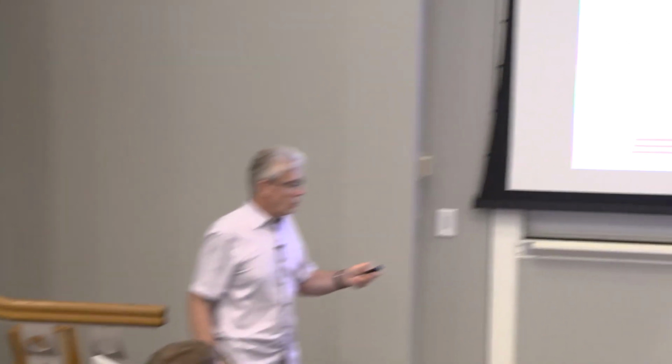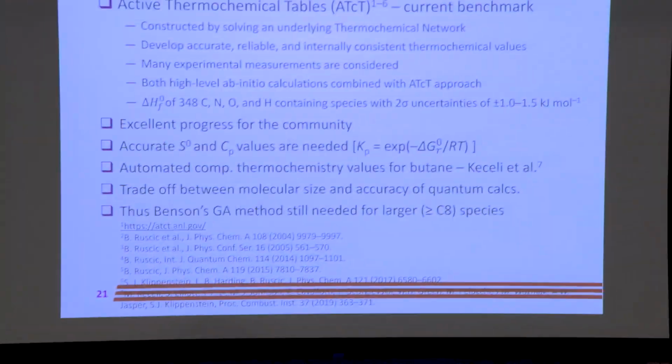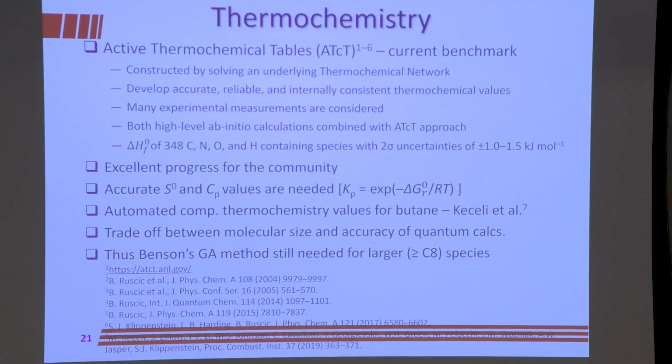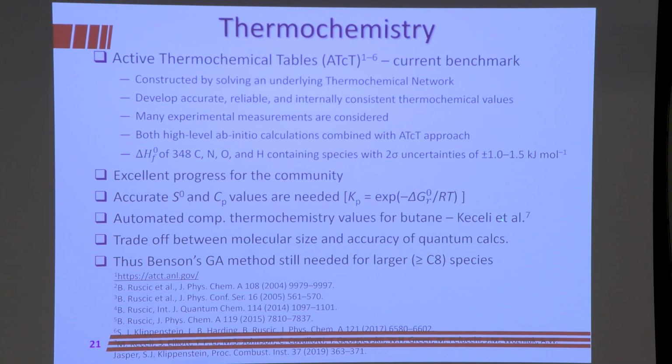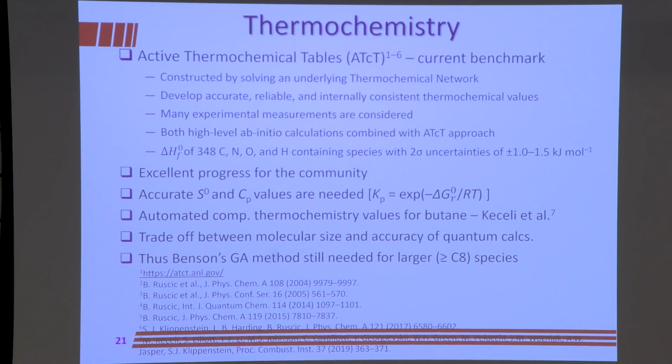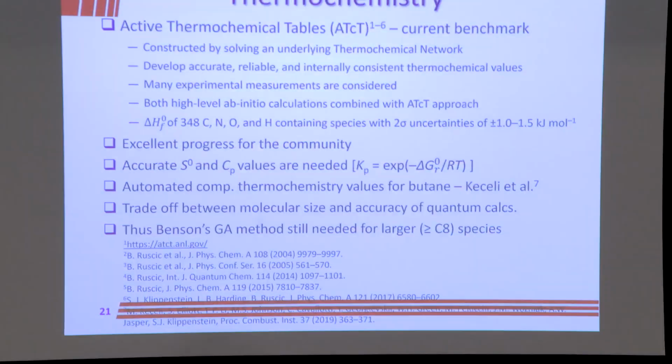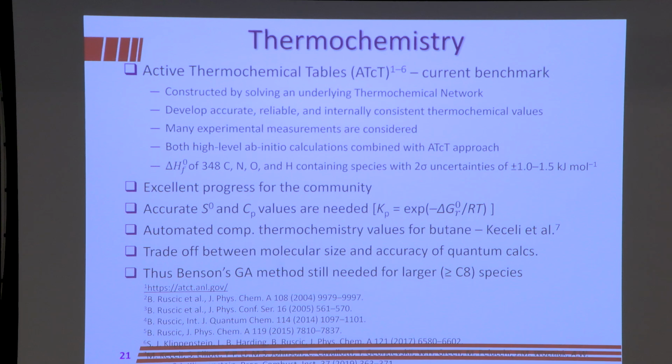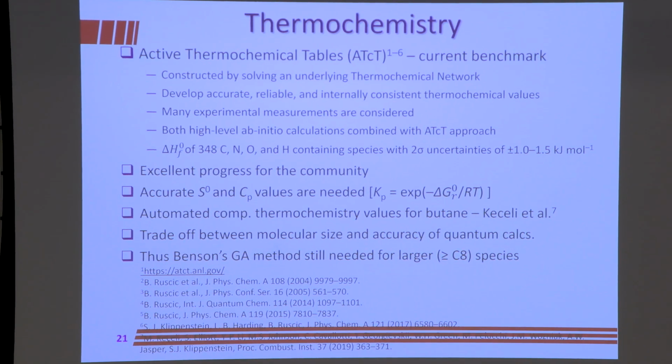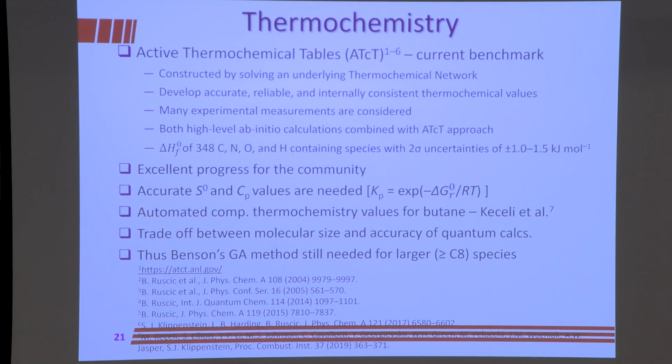So what we try to do, and I had a paper, I actually haven't cited it here, and probably I should have. My group published a few papers with Stephen Klippenstein in the last couple of years, where he did as accurate calculations as he could for species up to C8, C9, right?